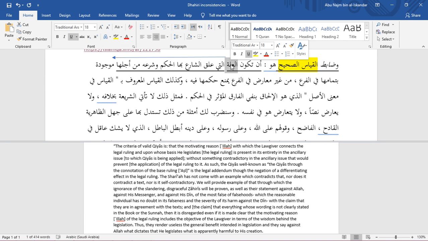And so in that sense, you can start to combine subjects and objects. Right? So if we were to translate this literally, we would say, "and that the motivating reason by which the lawgiver suspends by it the hukam and legislates it from its purpose, from its route or perspective, is found."